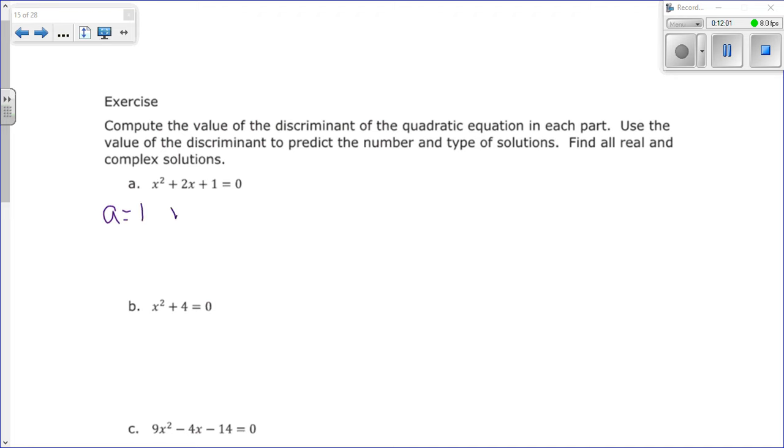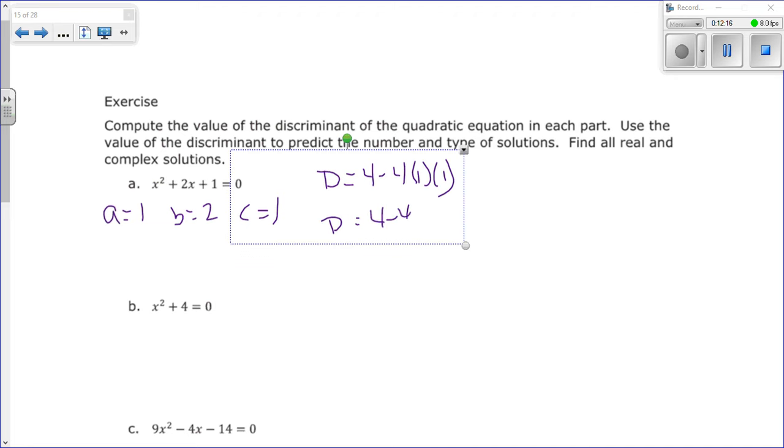A is 1, B is 2, C is 1. So the discriminant is equal to b squared, so 4 minus 4 times a is 1 times c is 1. So the discriminant here is 4 minus 4. So the discriminant is 0. So if my discriminant is 0, I have only one real root.